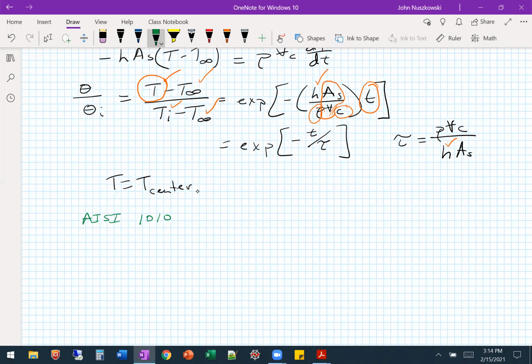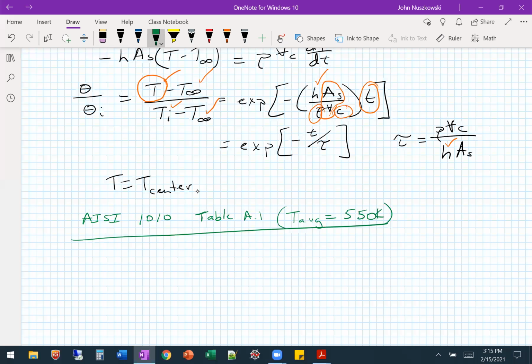And that's going to be table 8.1. And we're going to just basically take a T average, which is 550 Kelvin.